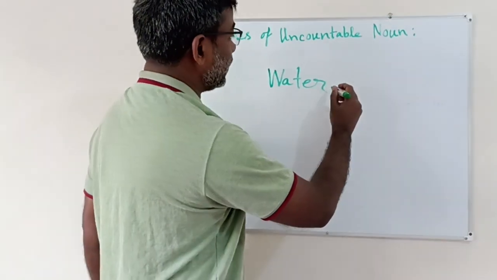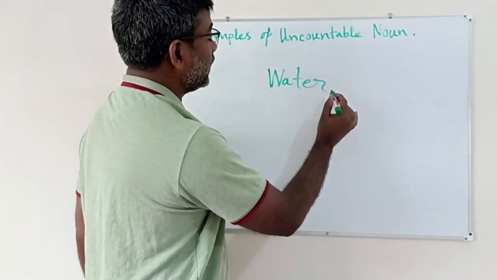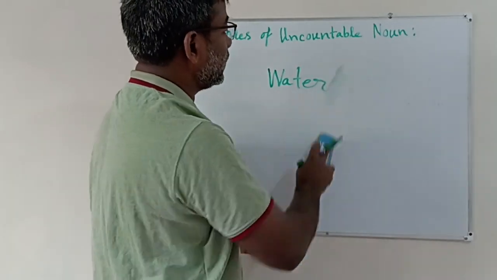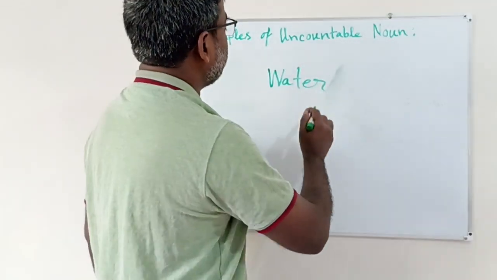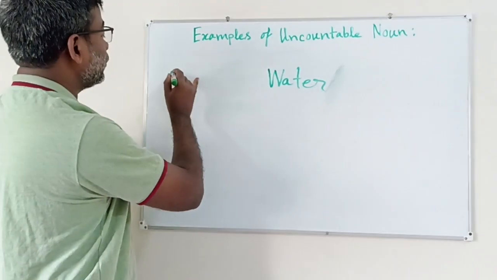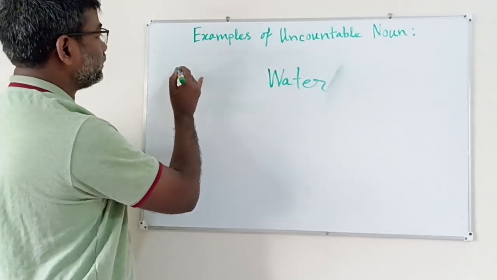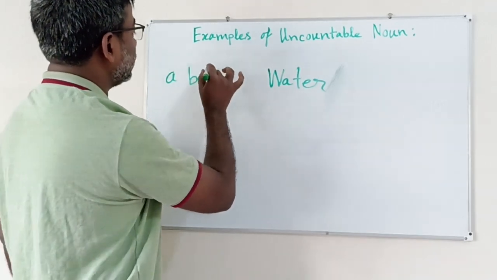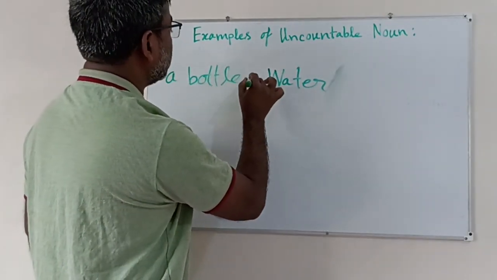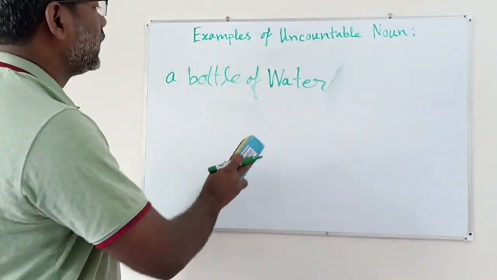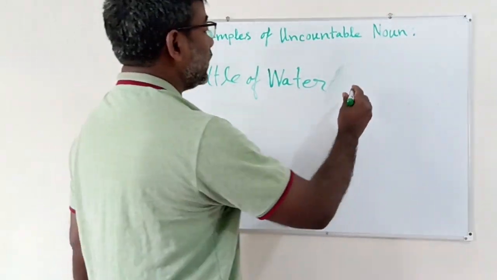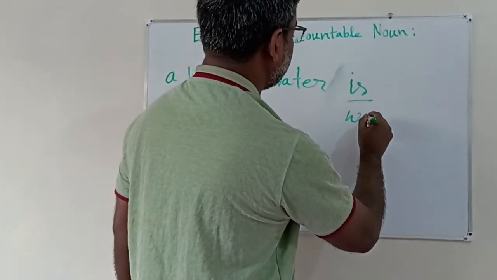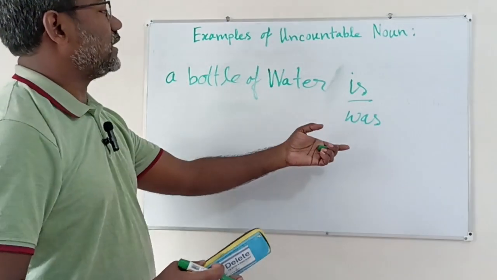You can't turn this into plural. There is no plural, so there is no s here. Only we can use a measure word before it. A bottle of water, and you have to use a singular verb after this.